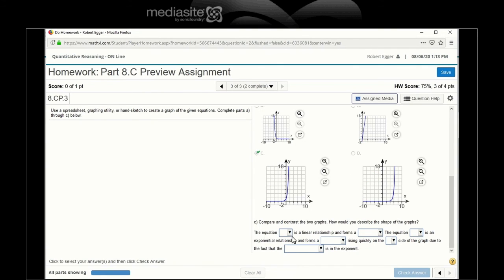So let's compare the graph. The equation y equals 7x is a linear relationship and forms a straight line.